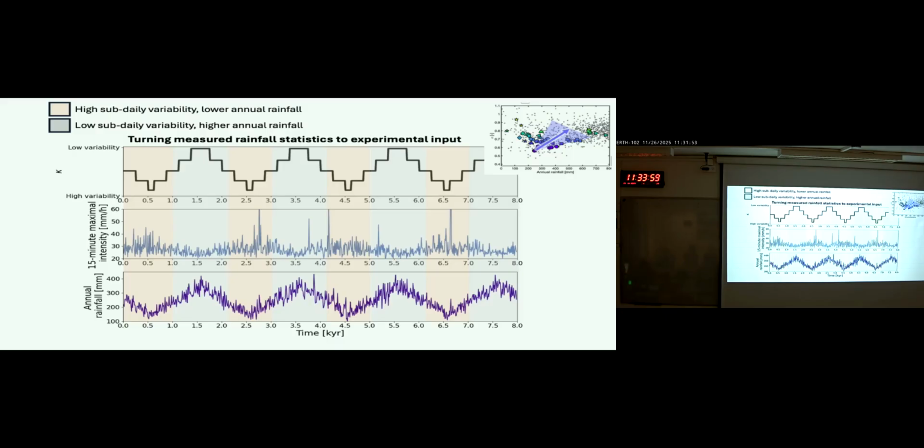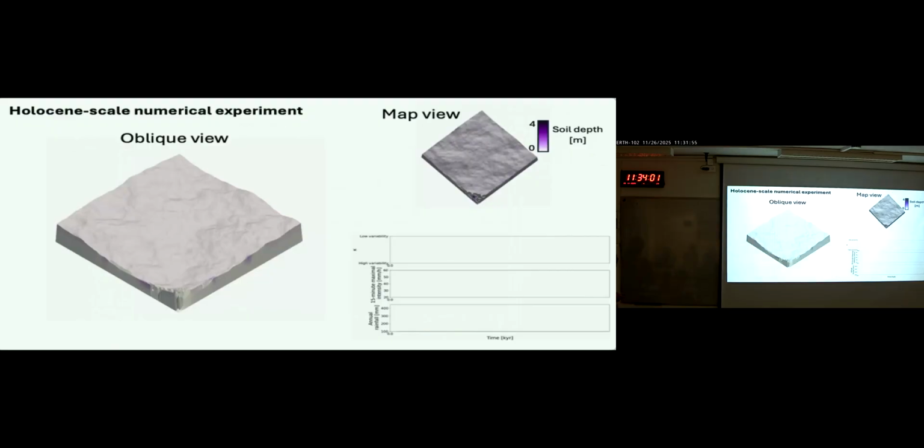And then we can explore in the numerical experiment platform how the landscape is going to behave under these kinds of oscillations. So this is what I did, and this is the hypothetical catchment that you already saw before. And I'm going to take you now on this 8,000 year journey to look at how the landscape evolved under this specific trajectory of rainfall changes.